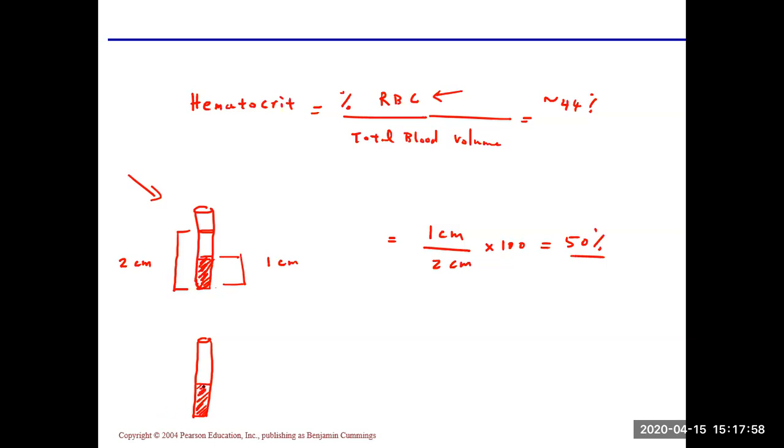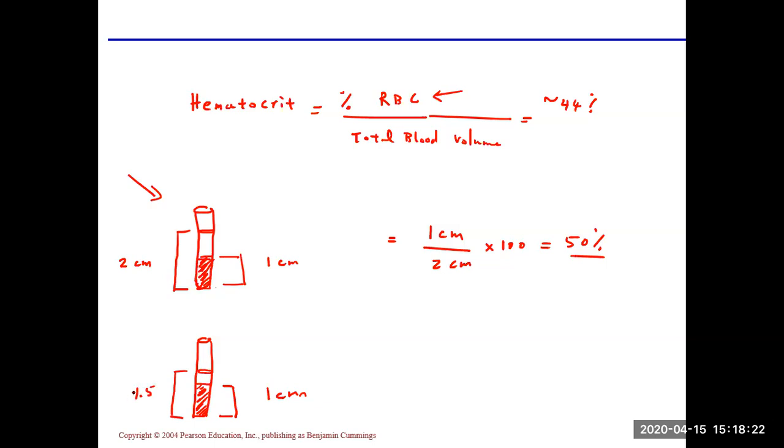You didn't lose any blood, but you lost water. So your water amount is going to be lower. Now, from here to here, it still would be 1 centimeter. But the total volume no longer is 2 centimeters, it is less than that. Let's say it's 1.5 centimeters.